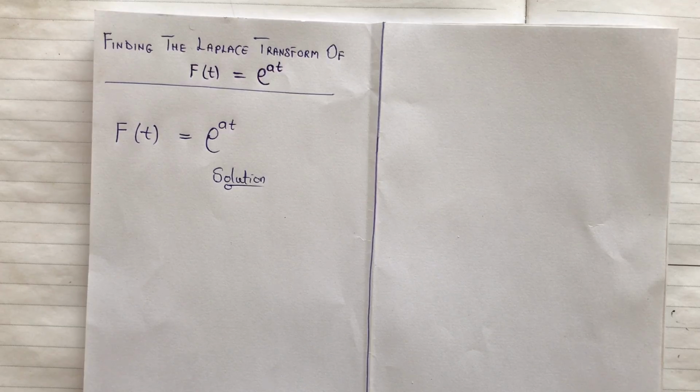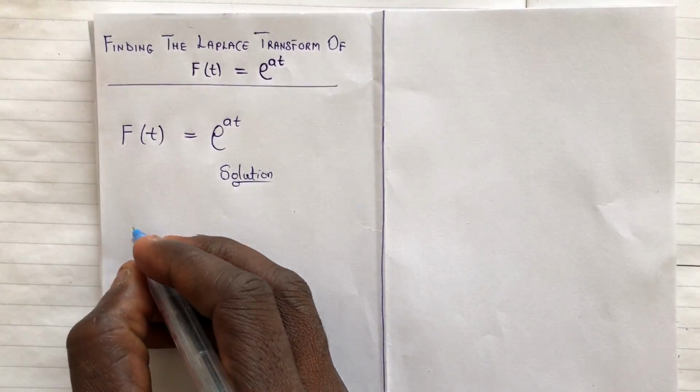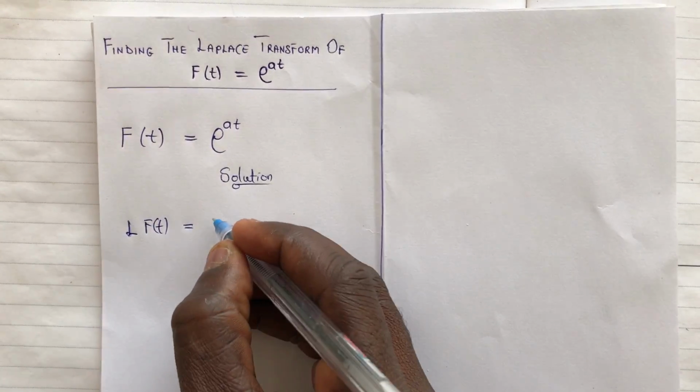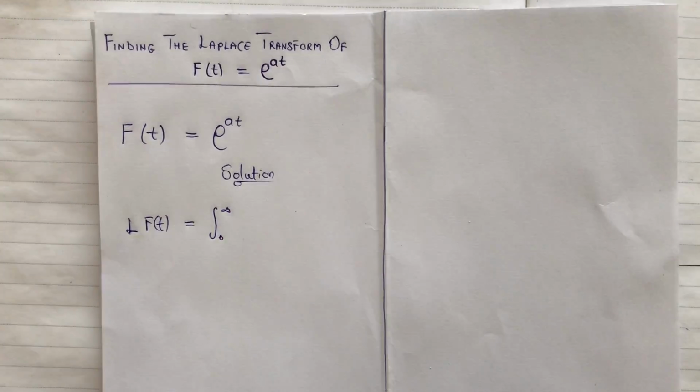So in the previous one we learned that the Laplace transform of a function, L of f of t, is given by the integral with lower limit 0 and upper limit infinity.